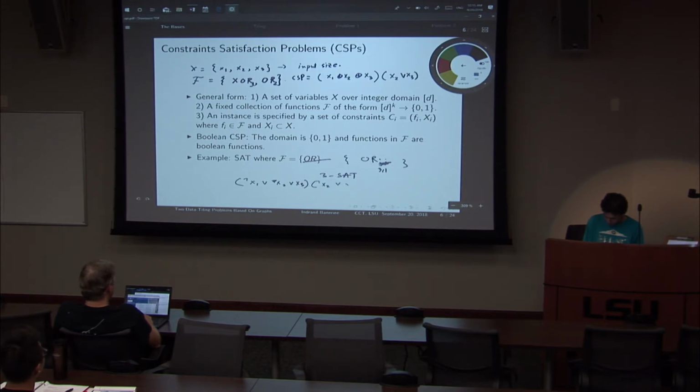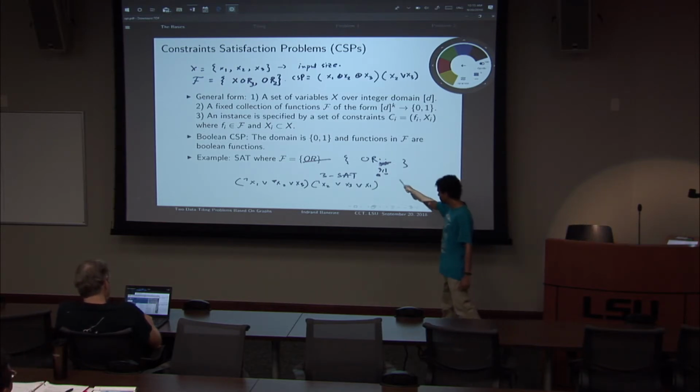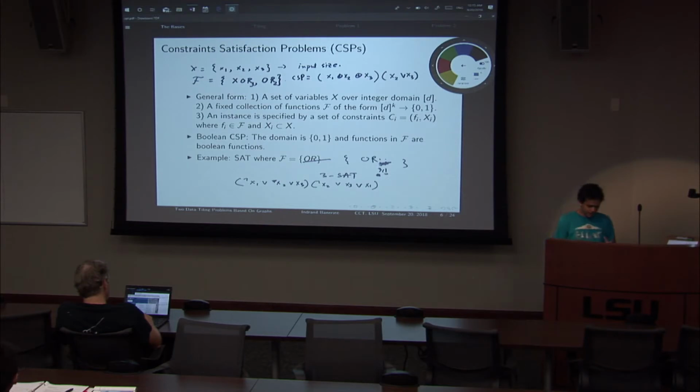I'm sorry, what does the comma 1 mean again? This comma means that the size k is 3, and the first variable is negative. Yes, in a general SAT you can have negative literals, so just OR doesn't give you SAT.